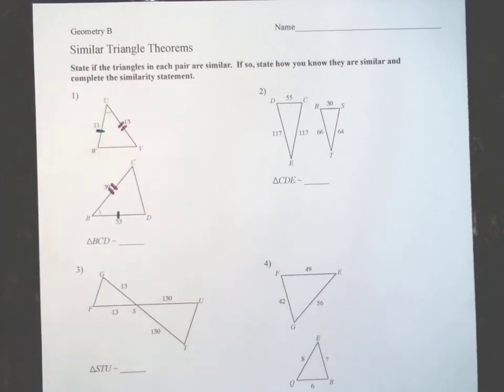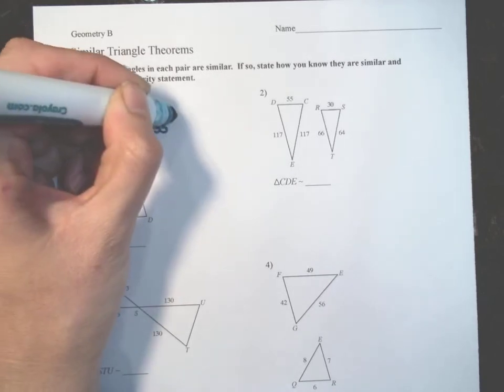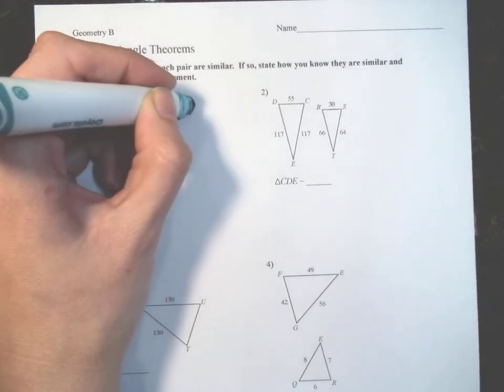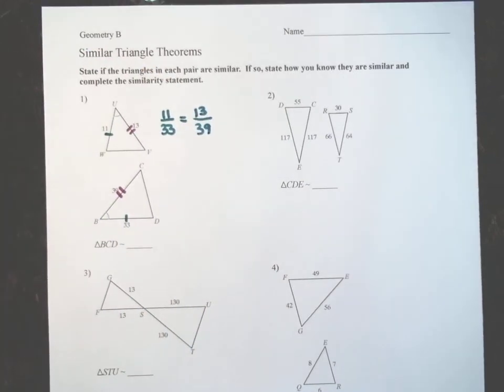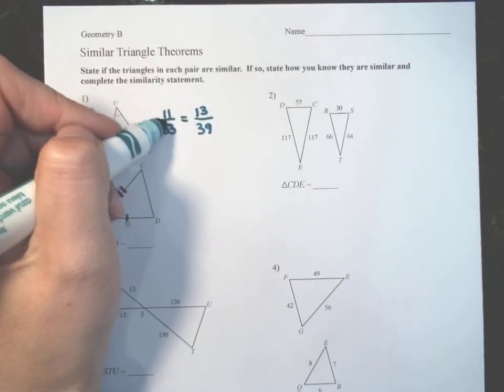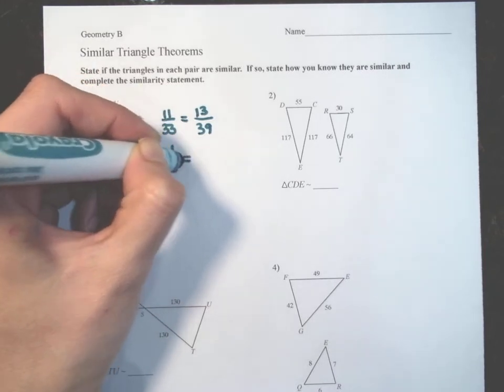So we have to see if it's proportional. If we do 11 over 33, is that proportional to 13 over 39? If we simplify them, 11 divided by 33 simplifies to 1/3.